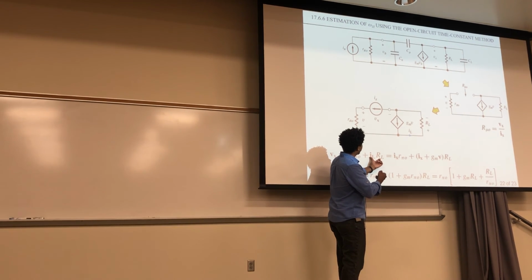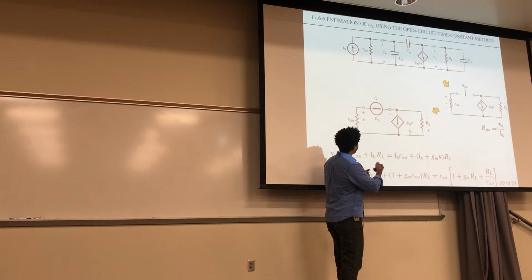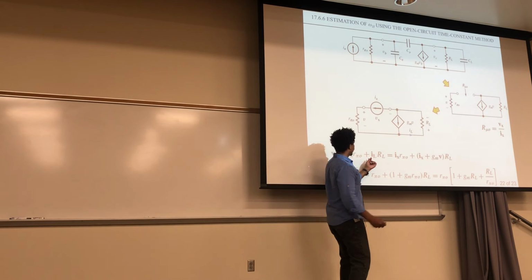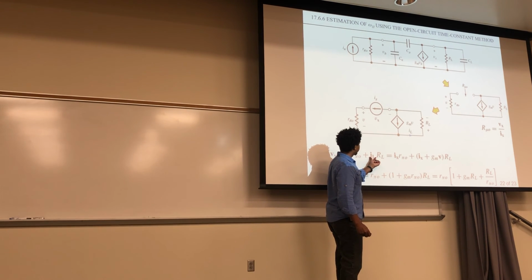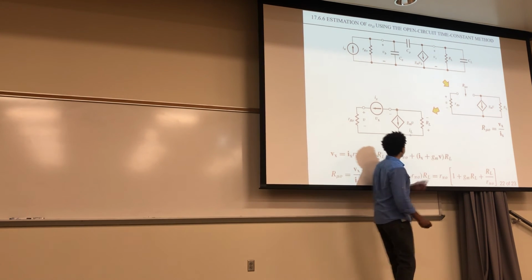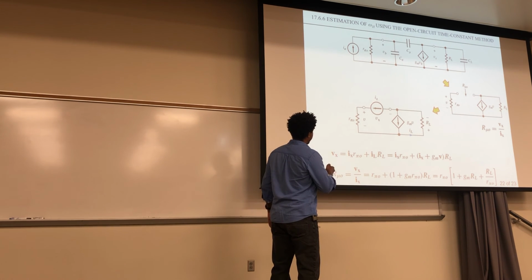So you have this IL going through here. And the thing is you can pick any loop you want. So you're not going through this loop right here. Pick any loop you want as long as you get back to where you started from. And this IL can be replaced with this Ix plus gm times V. What IL is right here is this Ix going through right here, and this right here is gmV going down here.